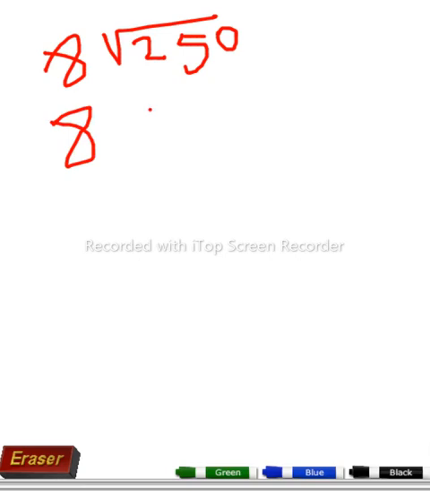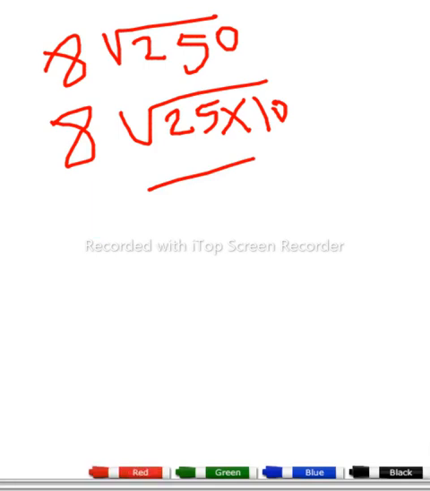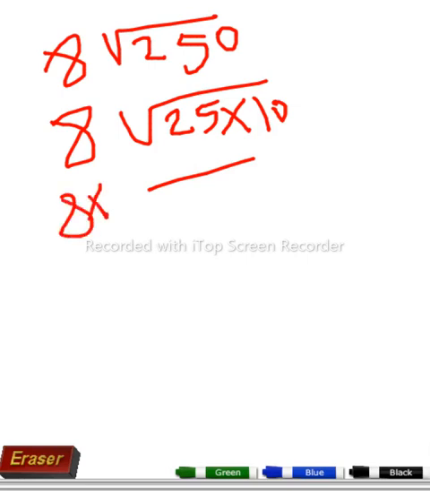We can write 250 as 25 times 10. Then we can write again 8. Since 25 comes out of the root, we get 5 here. 8 times 5 will be displayed. Here we have 5. 5 square root of 10 will be here.